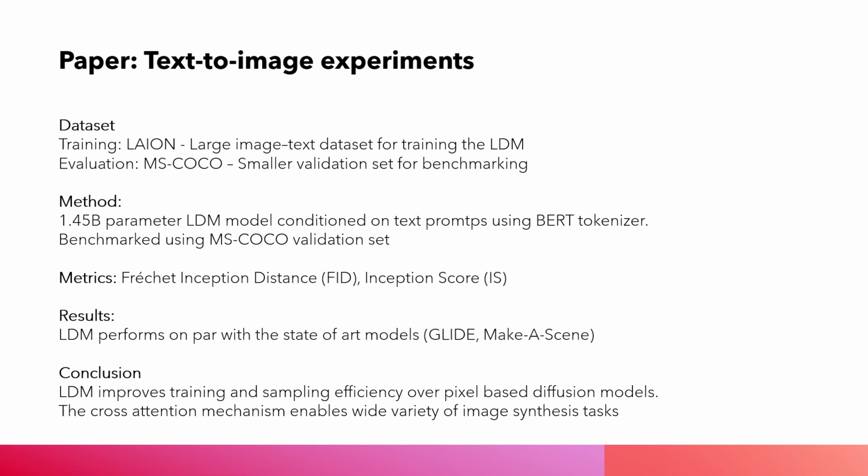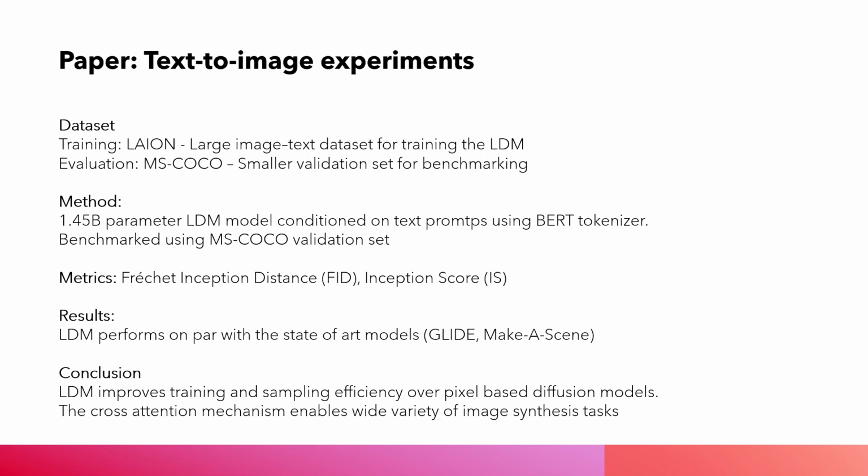Let's now dive into the experiments conducted by the researchers of this paper. They conducted multiple experiments for each image synthesis task shown on the previous slide. To limit the scope of the presentation, we'll just focus on the text-to-image synthesis tasks. For training evaluation, they use different datasets, namely LAION and MS COCO.